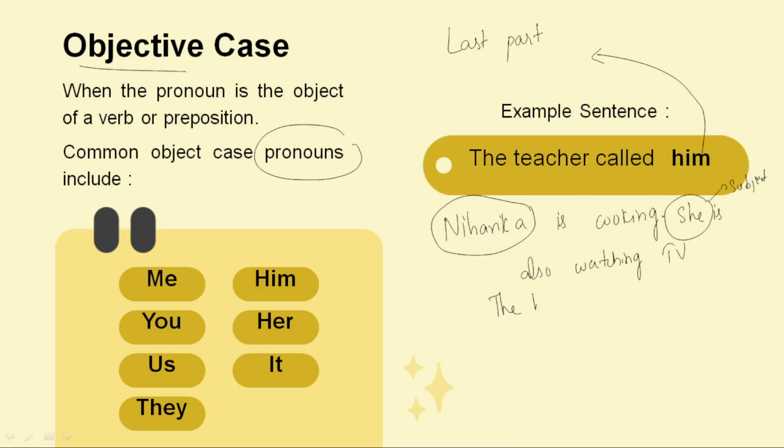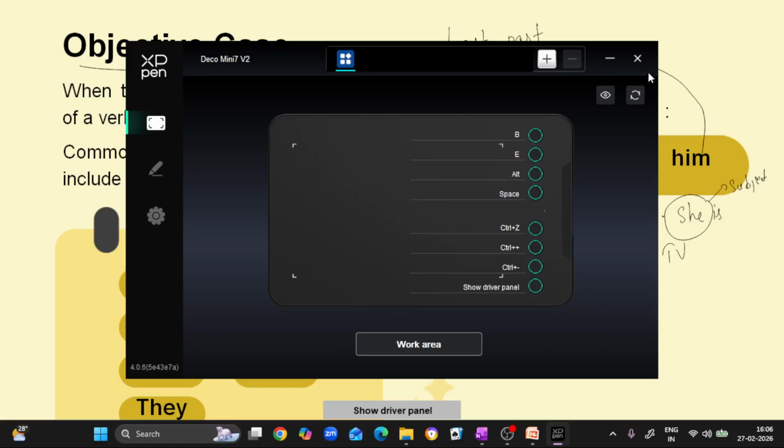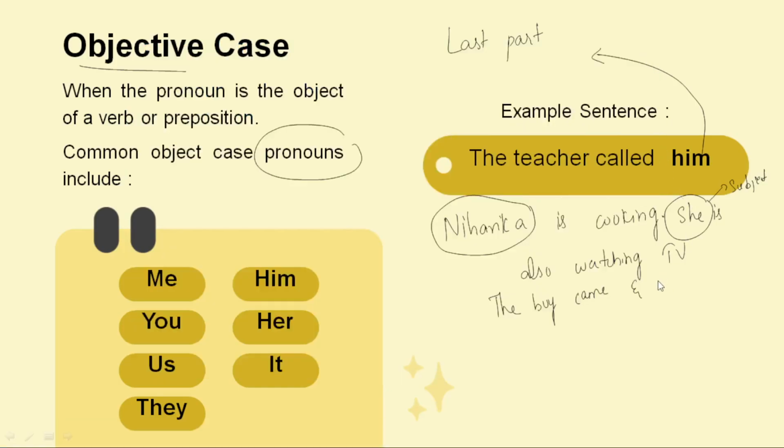The boy came and gave cake to her. Now what am I doing? In the next part of the sentence, instead of writing the boy came and gave cake to Niharika, I wrote her. This her has come at the last part of the sentence, hence it is called the object.